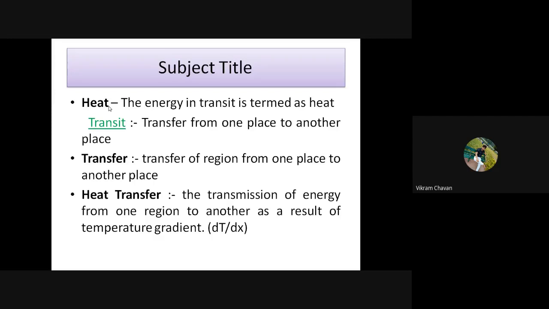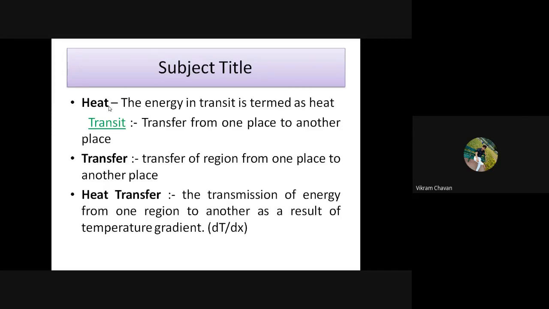If you are saying only temperature change, then we write T1 minus T2, that will be considered as dT. If the higher temperature is T1 and the lower temperature is T2, then the temperature change will be T1 minus T2. If you are saying temperature gradient, then it is change in temperature divided by change in distance, that is dT divided by dx.